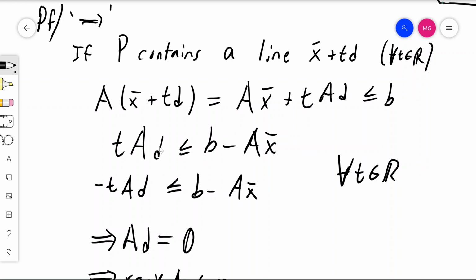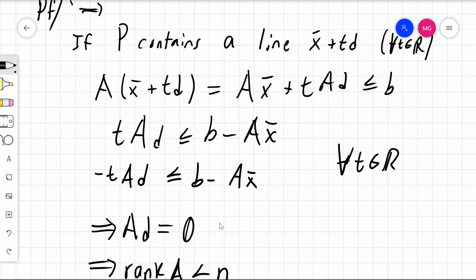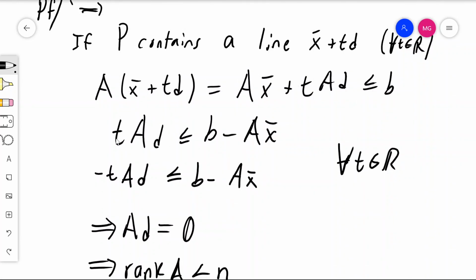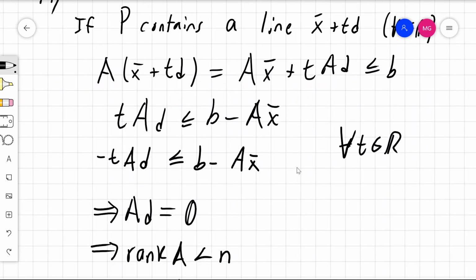So we can't have a contradiction. The only way to resolve that then is that a times d is actually the zero vector. So that way, when you scale by either positive t or negative t, the sign doesn't change. It's always zero, and no matter how large you make t, you're just scaling zero. So you'll still satisfy the bound.